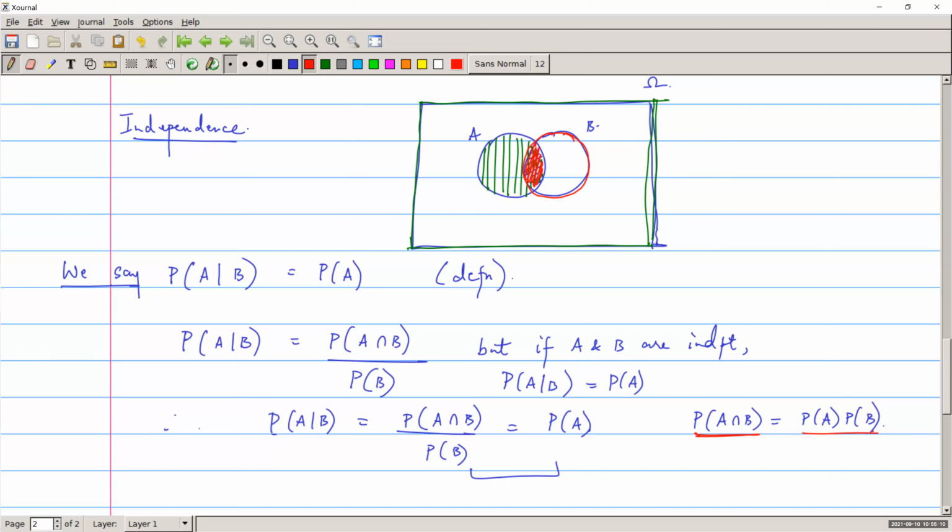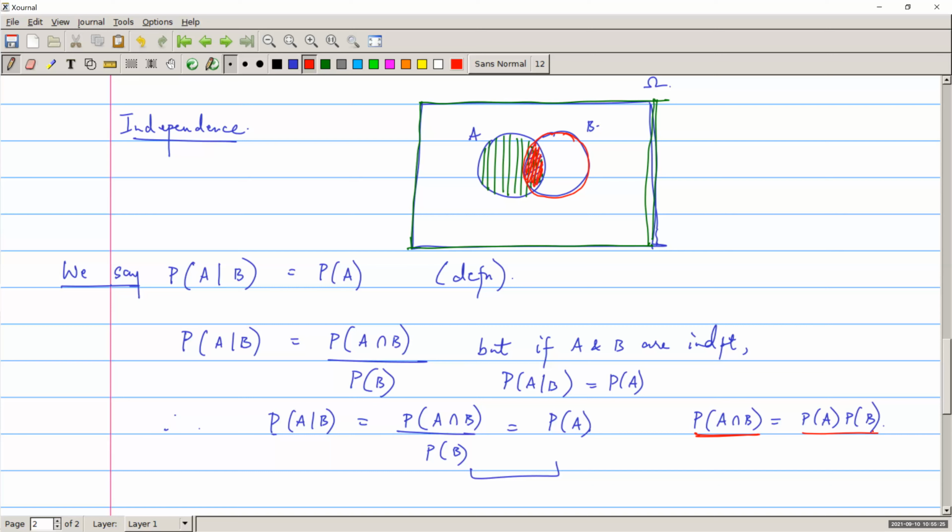Does this make sense? Can you repeat that last part again? Right, so in order for A and B to be independent, A and B must intersect in exactly the correct way. And what is the correct way?